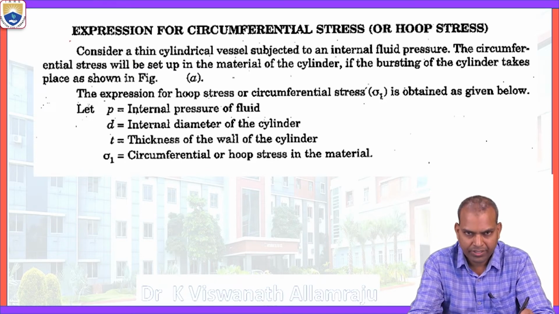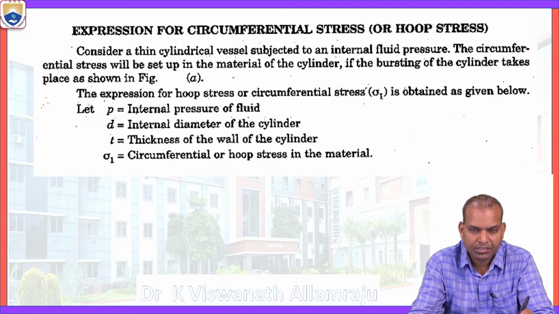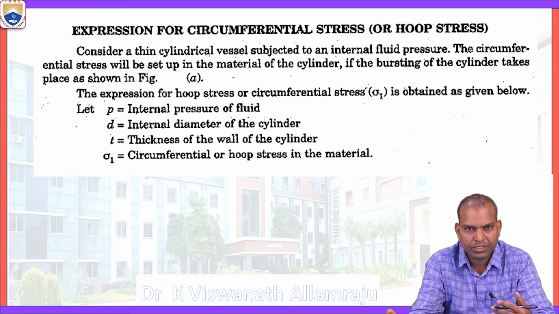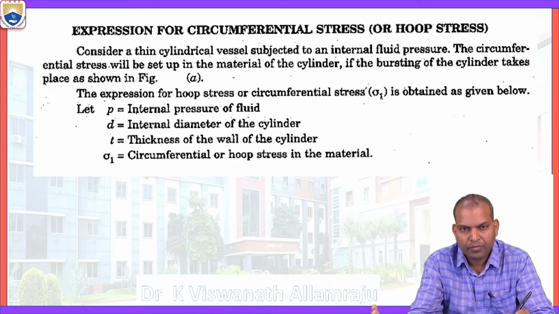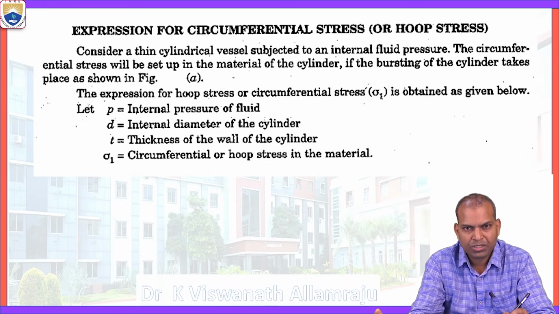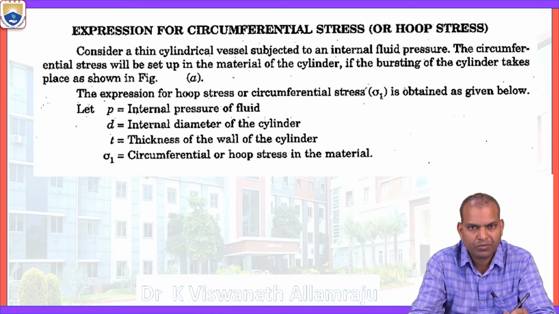We are considering figure A. In figure A, the circumferential stress will be developed due to bursting. So in order not to burst, the internal fluid pressure should be equal to the circumferential stress developed in the circumference of the cylinder.